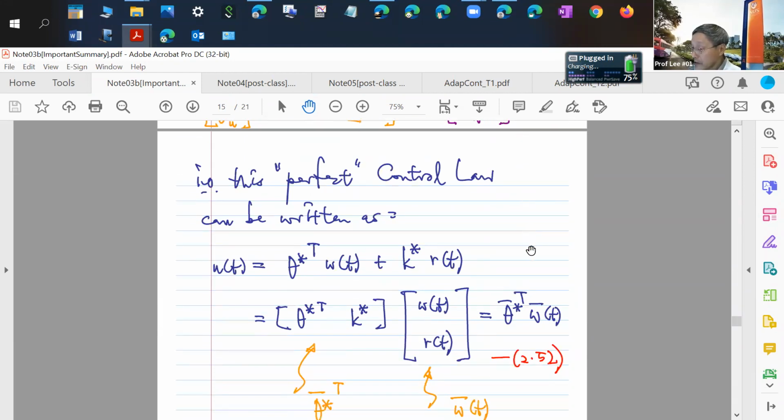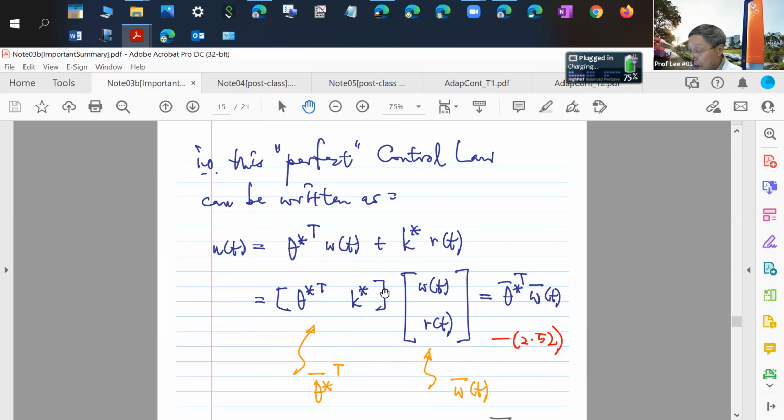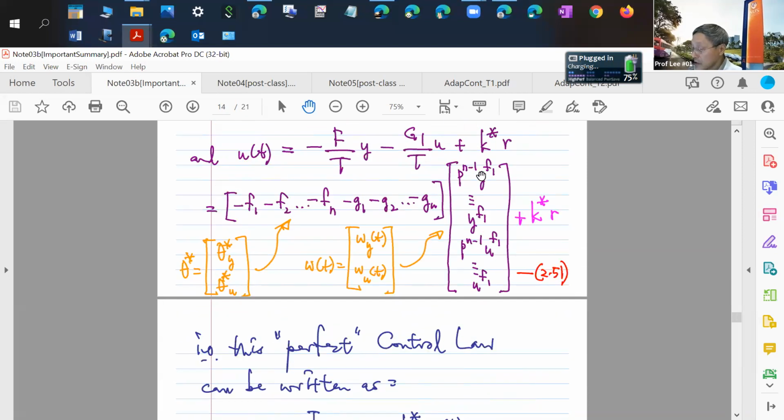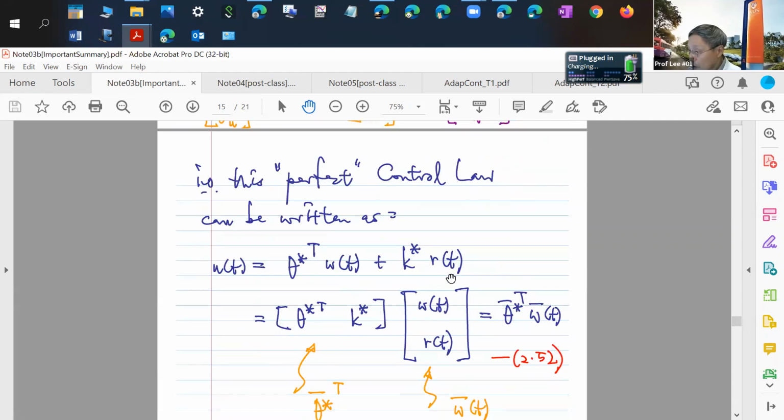You can see these are the set of perfect gains that, if you knew the system, you can perfectly calculate. These are the set of signals, n signals generated with y coming in through the 1 over t filter, and n signals with u as the input. These are all signals which are generated by you.